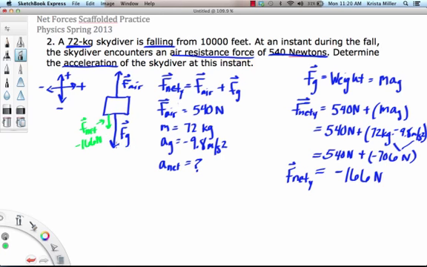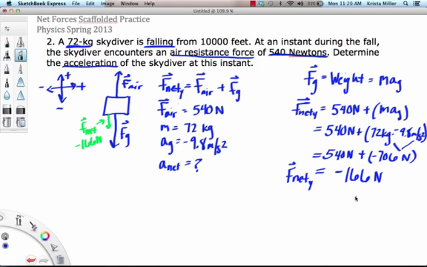That means if you take the force of gravity and take out the air resistance that's acting in the opposite direction, the remaining force is negative 166 newtons. This is part of why we were doing vector addition, because you need to know this. So now that we have the net force acting on the skydiver, the sum of the forces is negative 166 newtons.